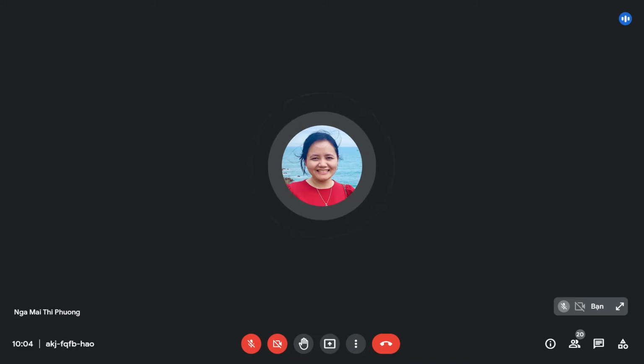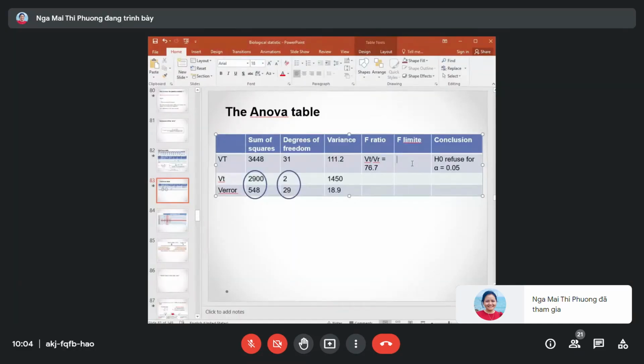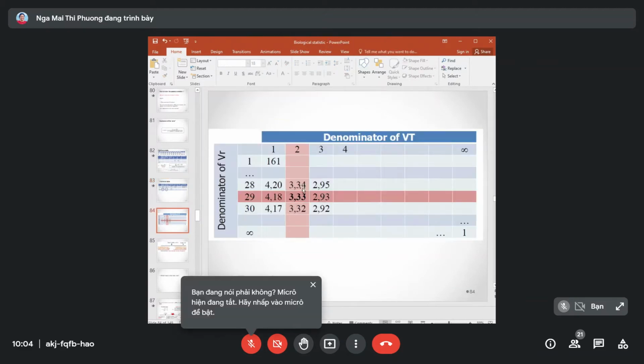So you compare with the F limit. You compare with the F ratios. Smaller or bigger? F ratio is bigger than F critical. Yeah. So F ratio is bigger than F limit. I show you how to.